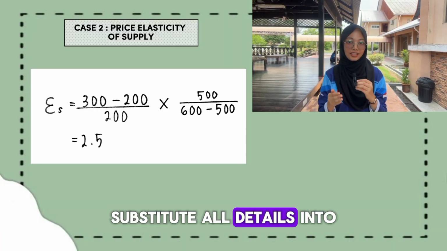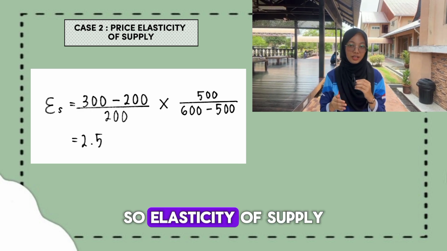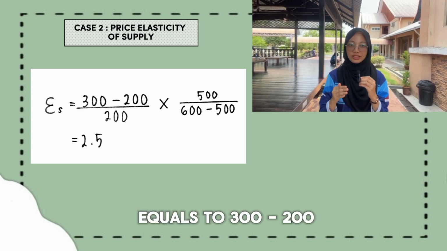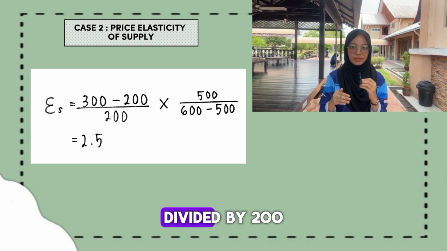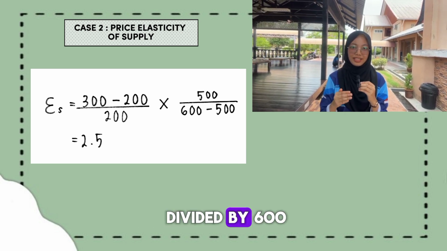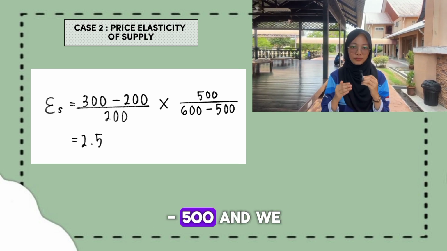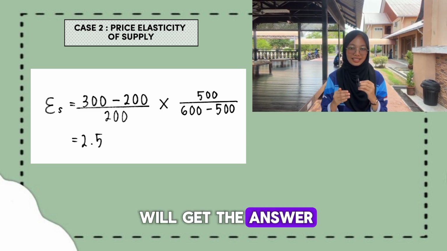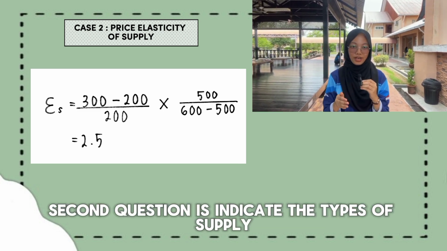Substitute all details into the formula. So elasticity of supply equals 300 minus 200, divided by 200, and multiplied by 500, divided by 600 minus 500, and we will get the answer of 2.5.